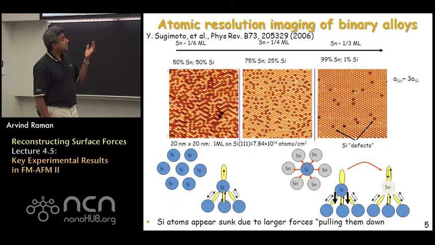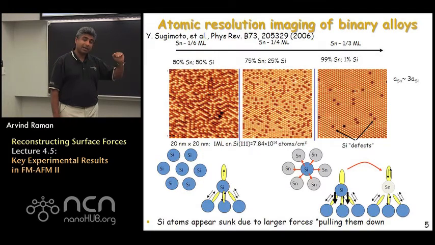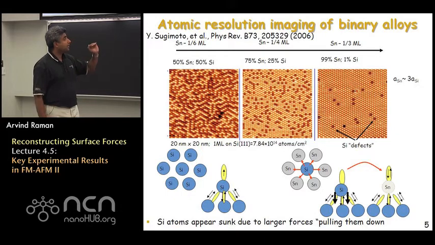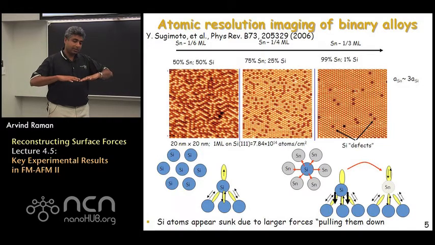Now, what one sees in this work are topography images taken in FM-AFM in UHV conditions, and what you see going from left to right is an increasing amount of coverage of the surface. So basically in each of these cases, a certain amount of a monolayer of tin is deposited on the silicon surface.